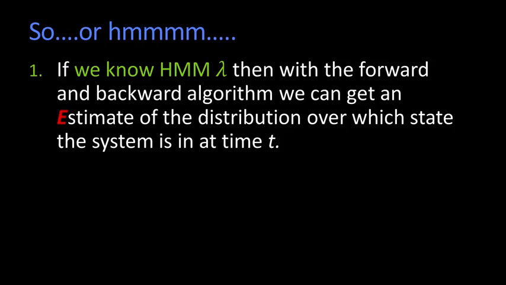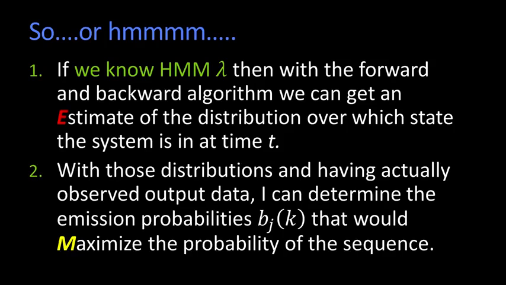I estimate that distribution. Well, if you give me that distribution, and I've actually seen at every time t what was observed, then given the probability that I'm in each of the states, and the observed data, I can figure out what the most likely B sub j of k is. That is, what do I think the emission probabilities are? And I pick the ones that would maximize the total observation probability.